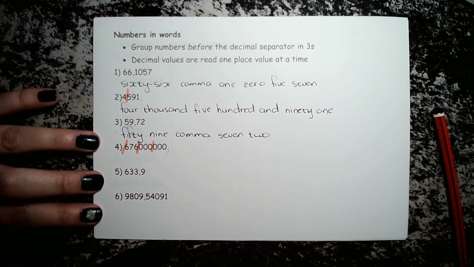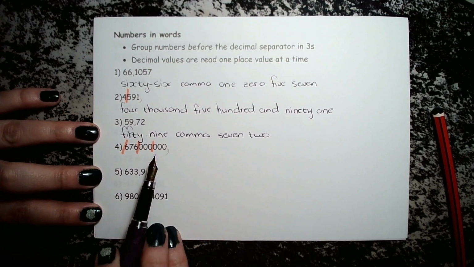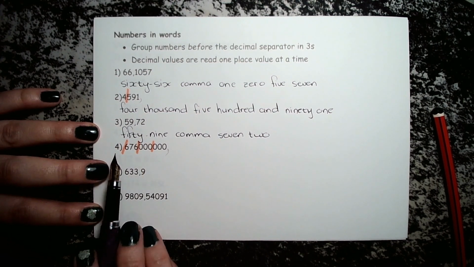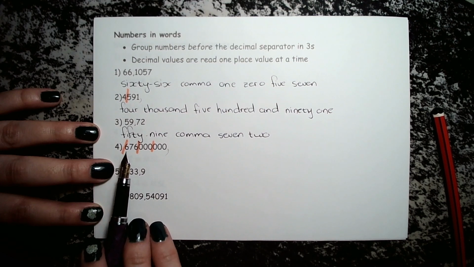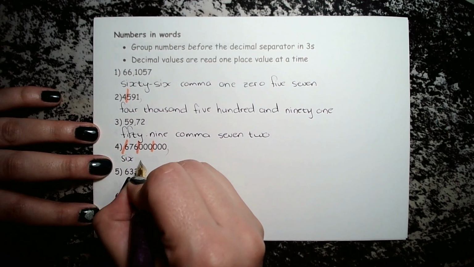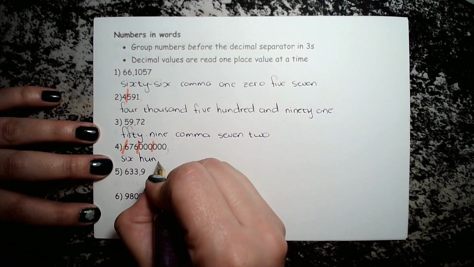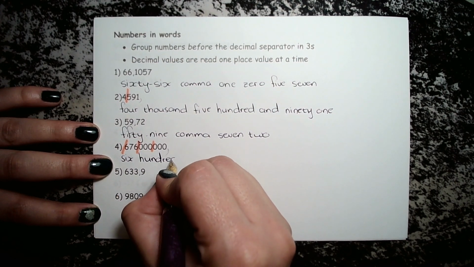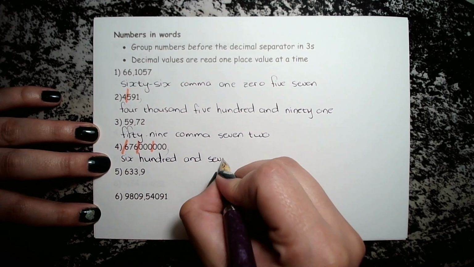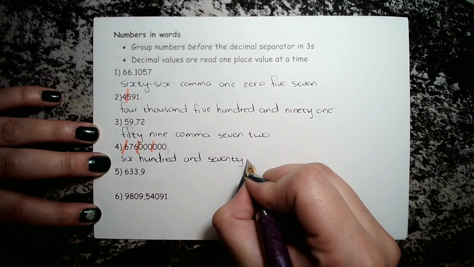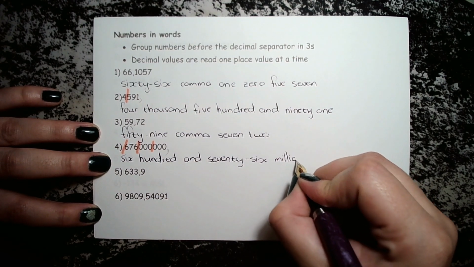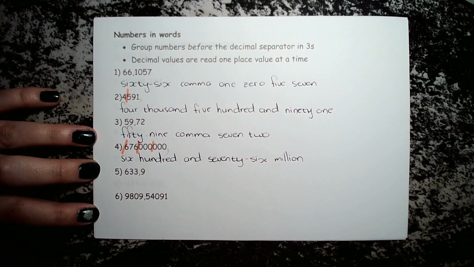So within the units, we have 3 zeros. Within the thousands, 3 zeros. And within the millions, 676. So this number is 676 million. And that is where we end.